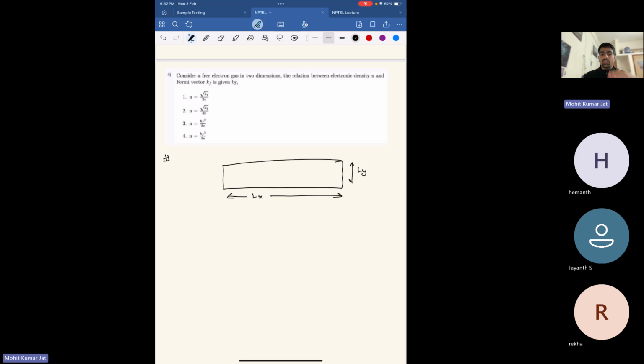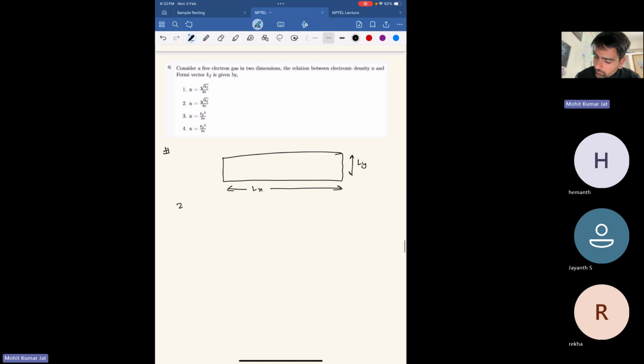It cannot move in the z direction, that is restricted. So the electron can move in 2 dimensions only, x and y. So it's a 2 dimensional electron gas.